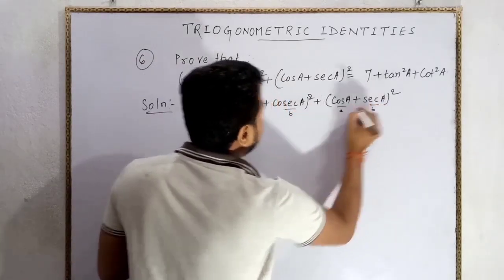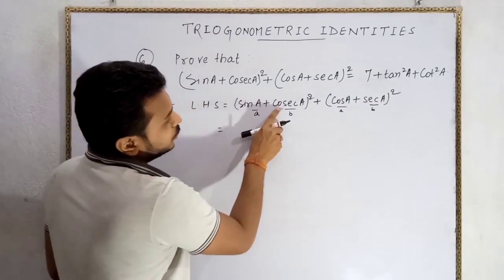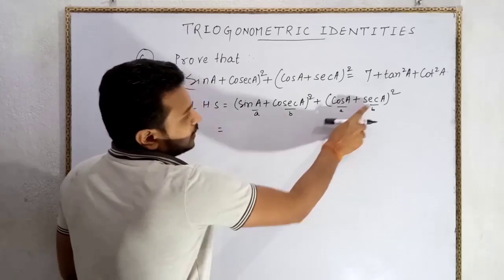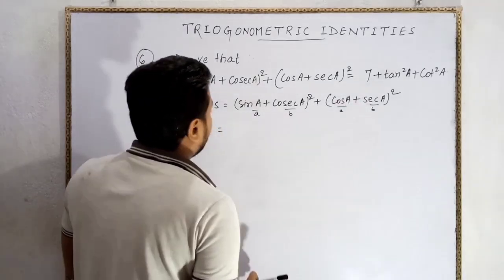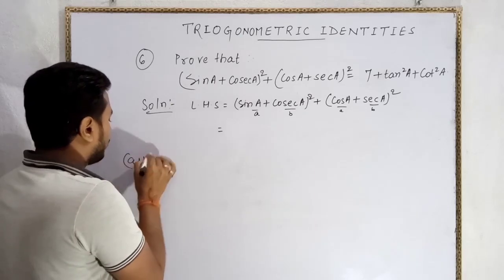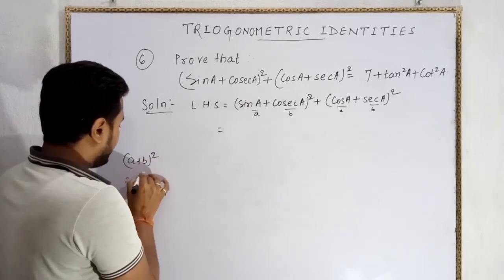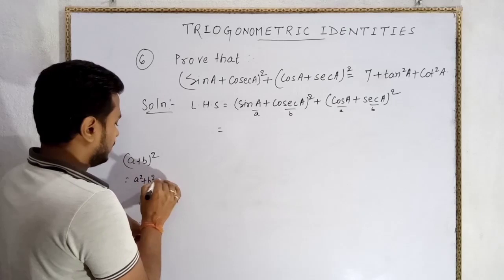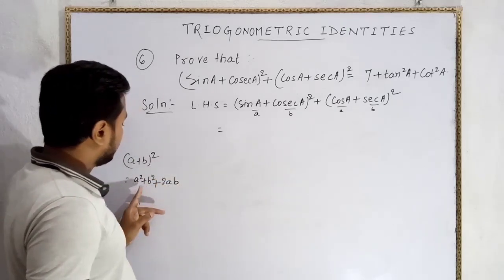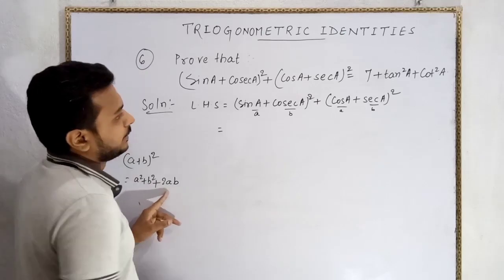Let sin A be A, assume cosec A as B, and cos A as A and sec A as B. And (A plus B) whole square is equal to A square plus B square plus 2AB.